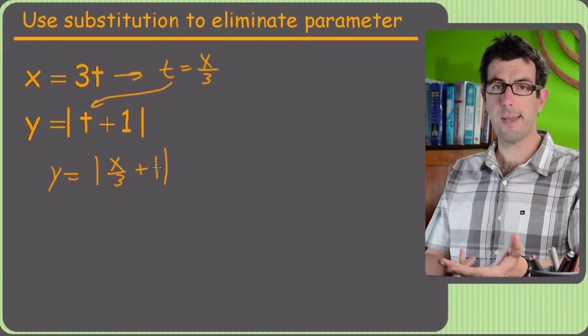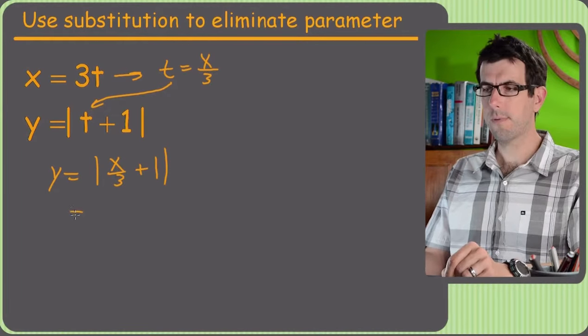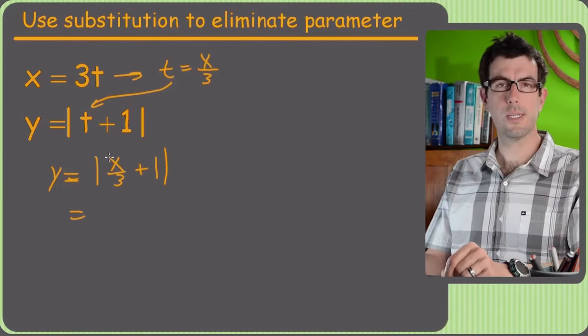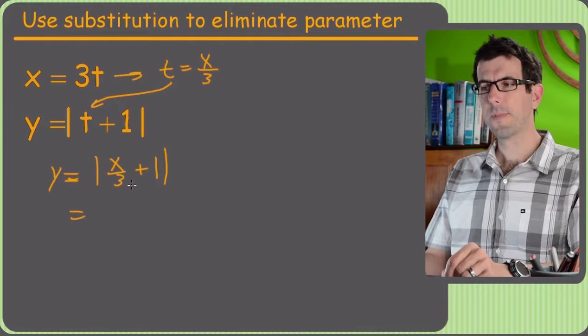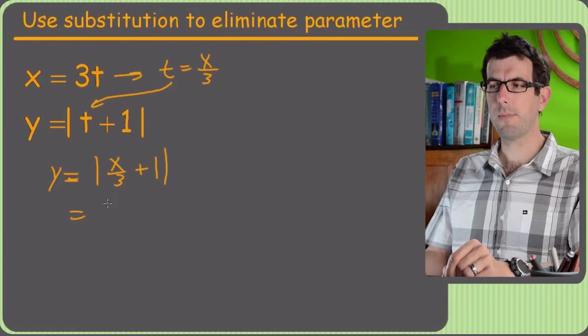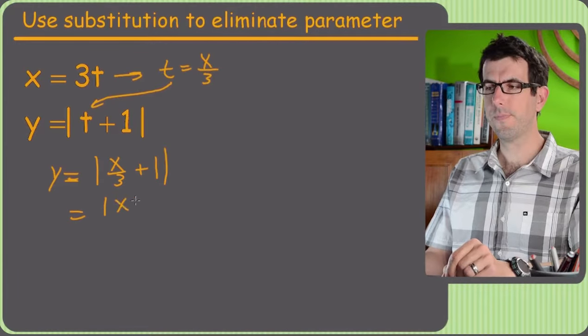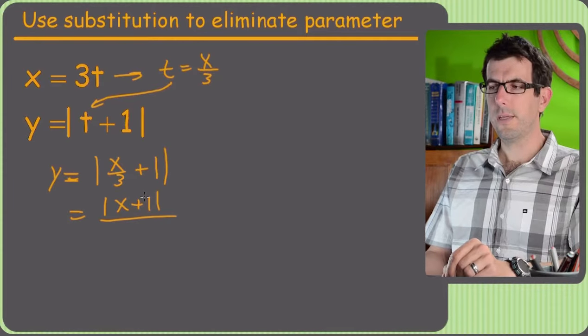You could either be done right now, or if you have one of those books or teachers that likes to simplify stuff, I've also seen this type of problem. What they'll want to do is have x plus 3 in the absolute value. The way to do that is to make this 1 into a 3 over 3.